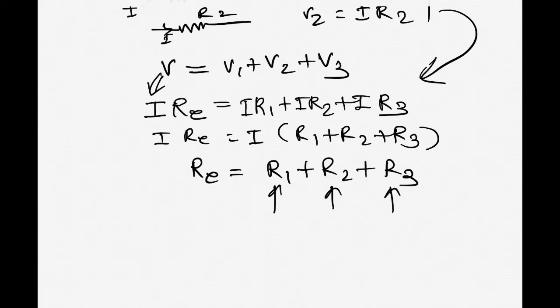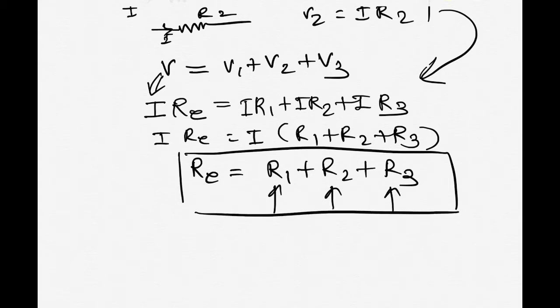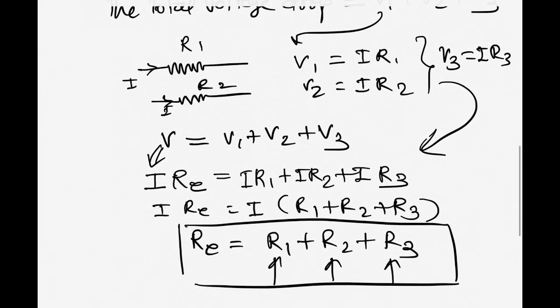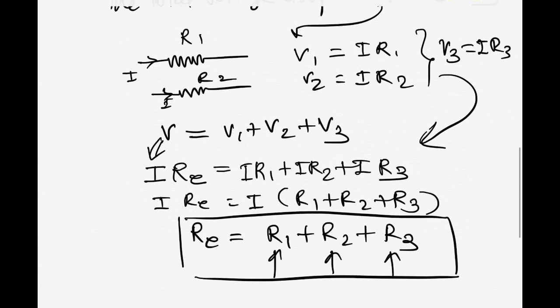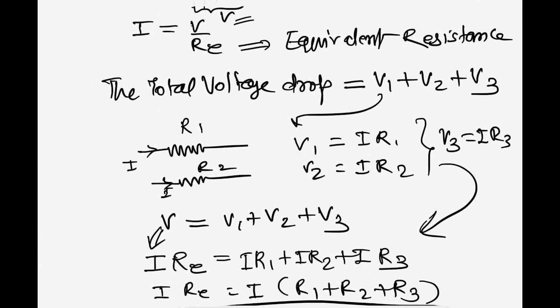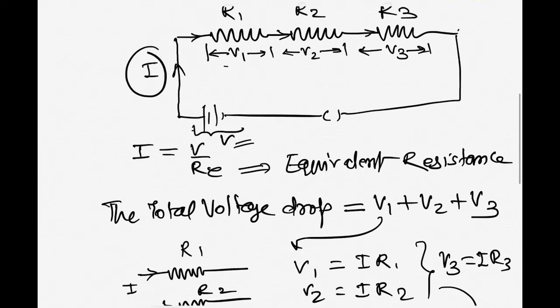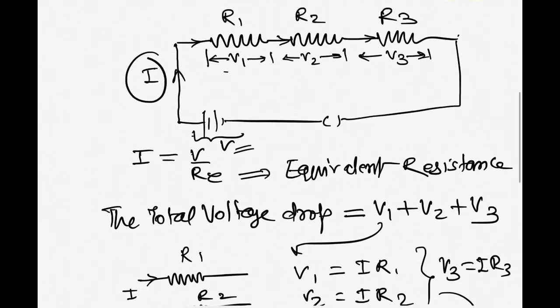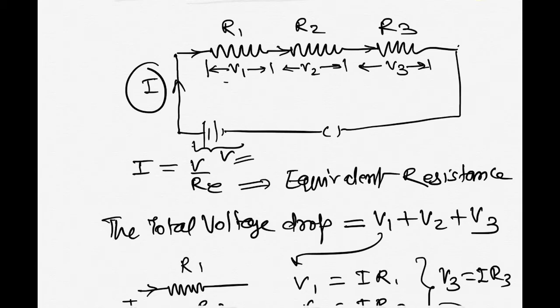So this is basically the formula to find the equivalent resistance of a circuit which has three resistors connected in series. Here we actually come to know three things. One is that the current I flows the same through all three resistors which are in series.